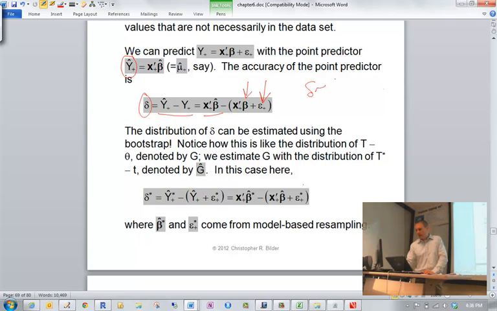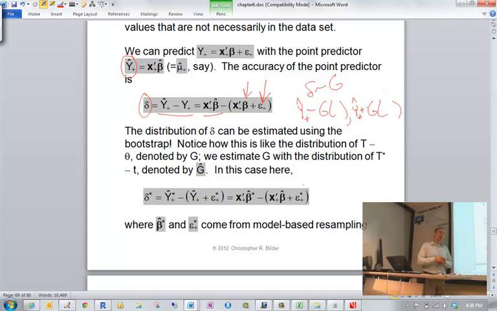Let's say that delta has some kind of distribution G. Then what you could do is simply derive an interval from y hat plus a particular quantile from G, and y hat plus a particular quantile from G as well, right?